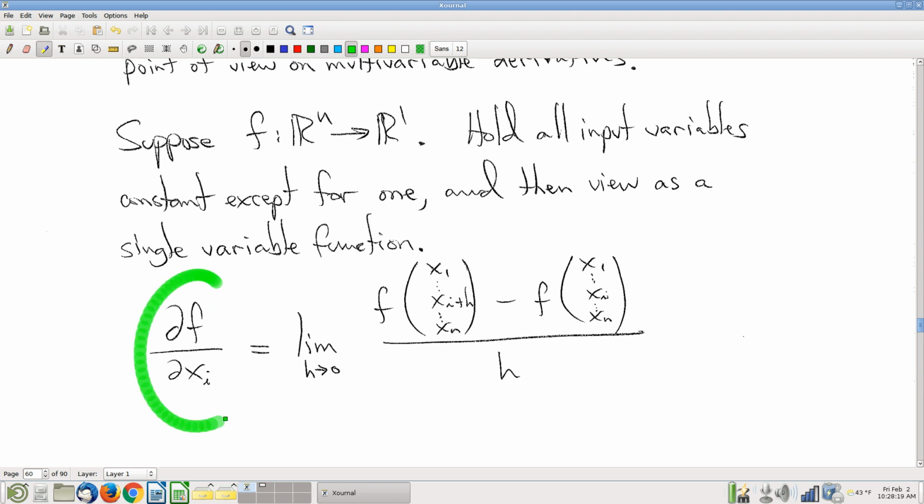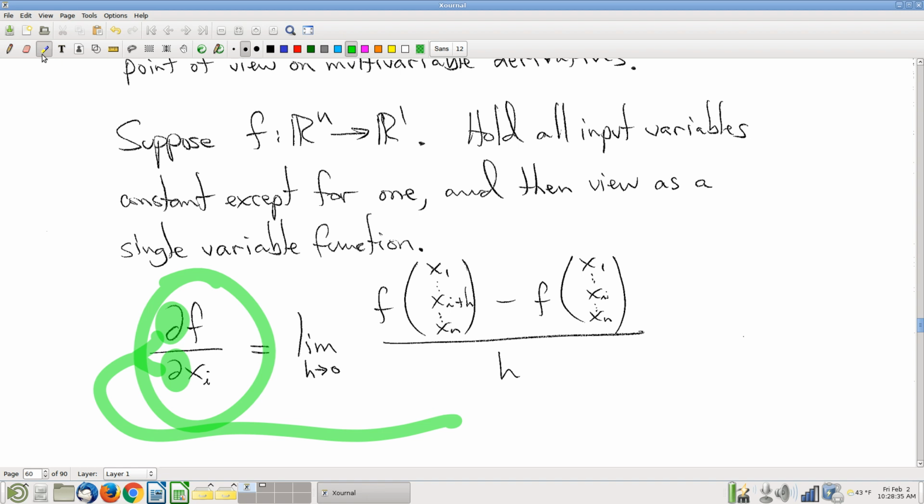Y'all recall the Leibniz notation for single variable derivatives. That's not quite what this is. It's motivated by the Leibniz notation, but we use this slightly different symbol here. That slightly different symbol is not a delta.